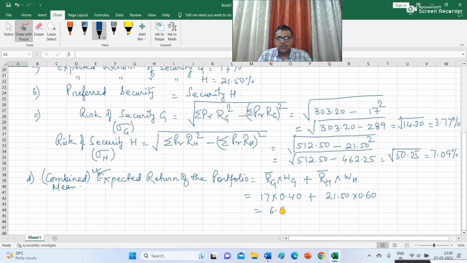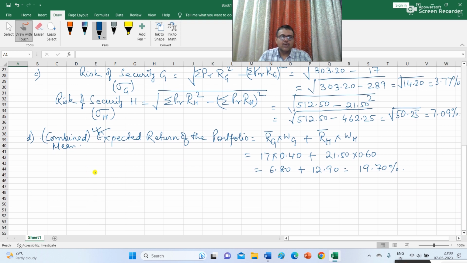So you will get 6.80 plus 12.90 is 19.70%. So the expected return of the portfolio, that is the combined mean, is 19.70.